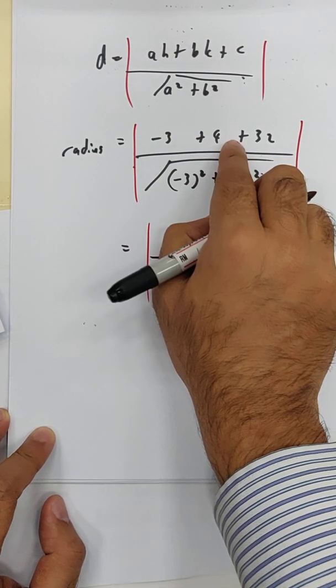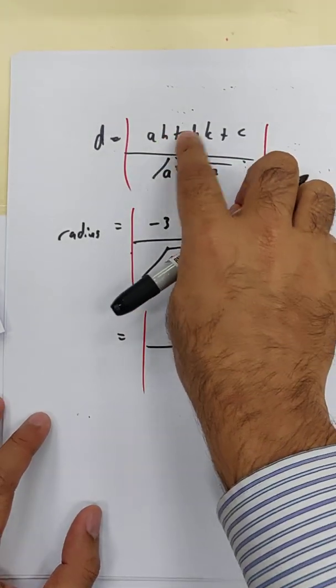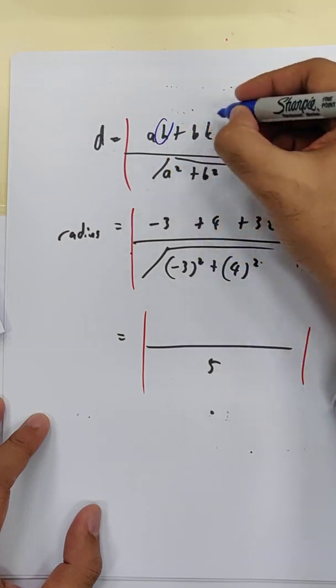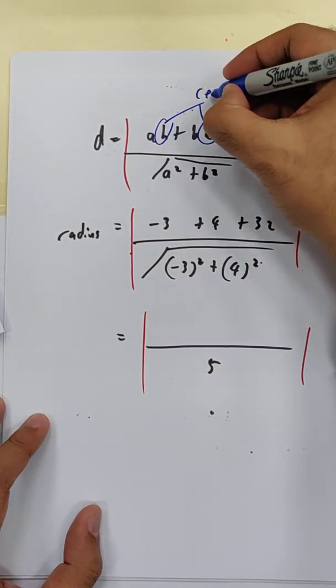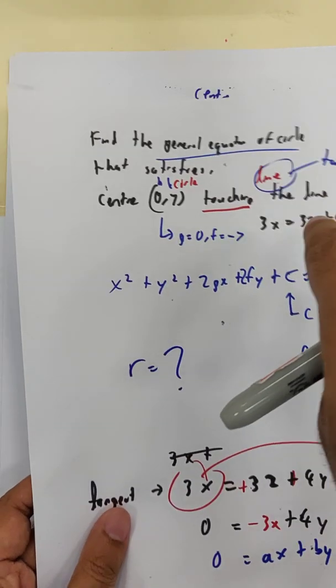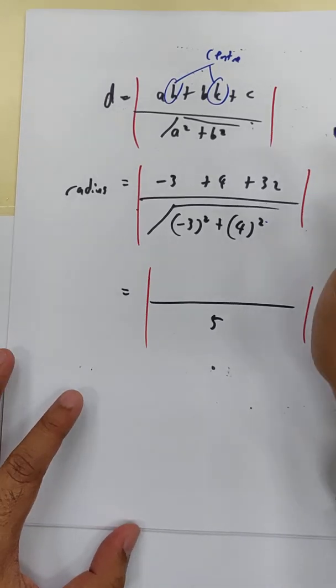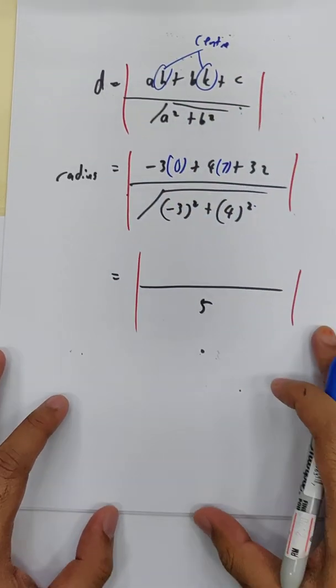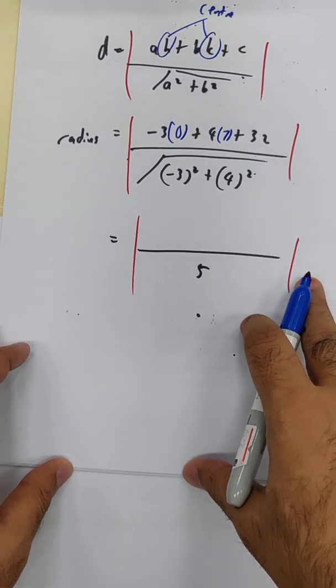Now what about my h and k? That one is from the center. So our center we got just now is (0, 7). Are you following? Very good, you're still alive.